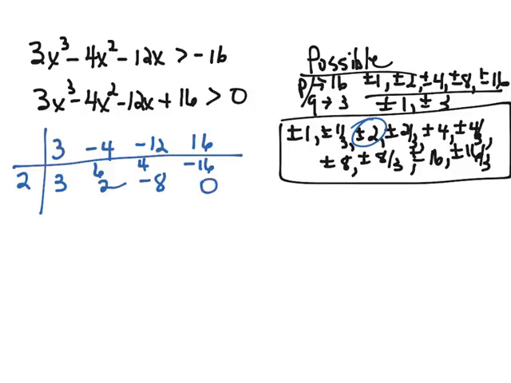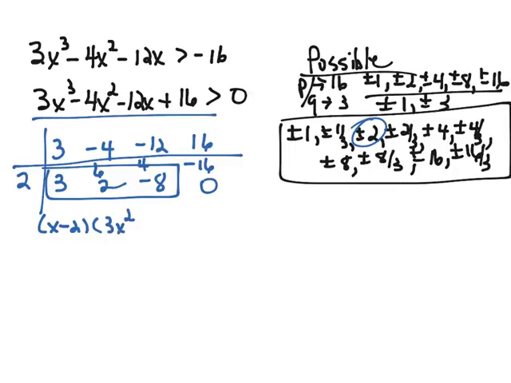So that means that this polynomial will factor into x minus 2 times 3x squared plus 2x minus 8. And so to solve this, we need to go ahead and factor the 3x squared plus 2x minus 8.